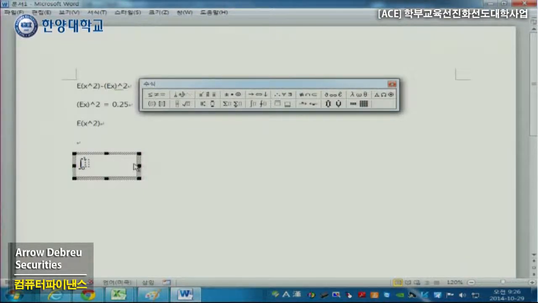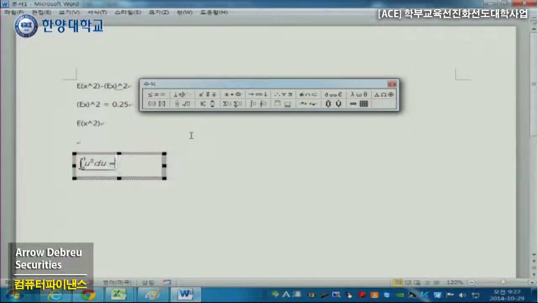E[X²] is the integral of u² f(u) du, and f(u) is basically 1, so we can calculate just this one.